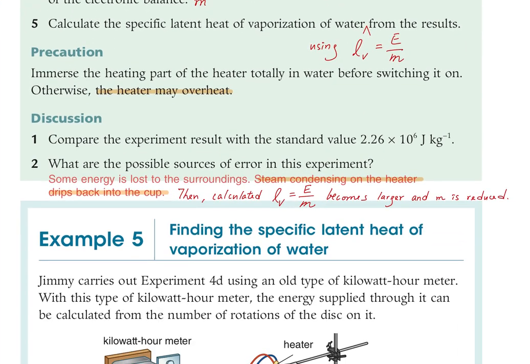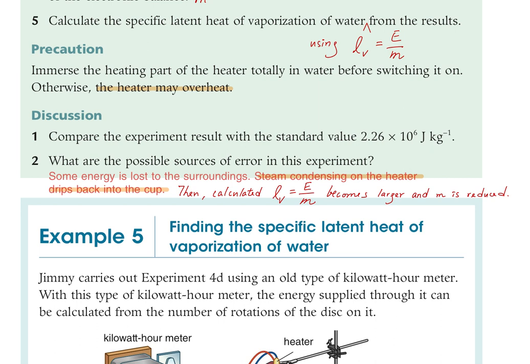One important source of error is the steam condensing on the cooler part of the heater and then dripping back to the cup. And so the change in the balance reading would be smaller than expected, and the calculated latent heat of vaporization becomes larger than the standard value.